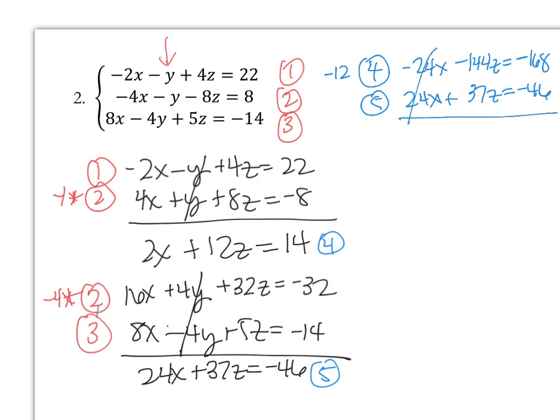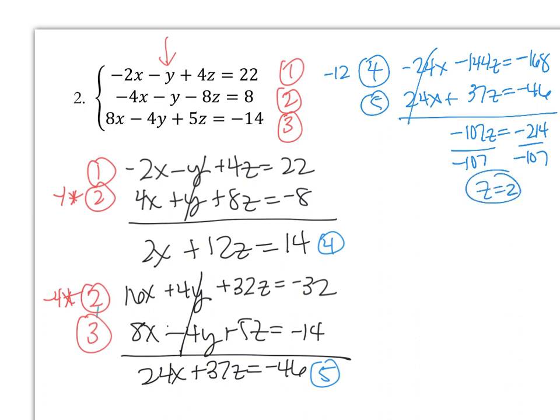Those eliminate. We get -107z. Again, sometimes these are going to be big numbers. And then that is -214, so that's okay. Divide by -107, divide by -107. Z is equal to +2.